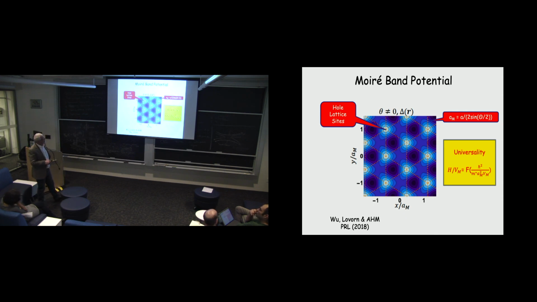And you can see that these potential variations are smooth, and because they're smooth, when you do a Fourier expansion of them in terms of different harmonics of the basic two-dimensional periodicity, only the lowest harmonic plays an important role.